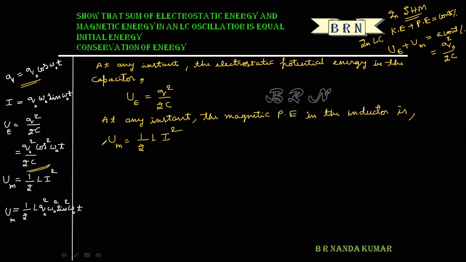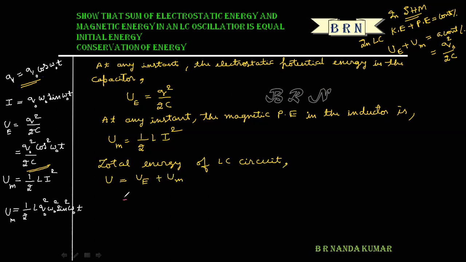Okay, actually, if there is no loss of energy, then the total energy of the LC circuit at any instant, that is U, is equal to UE plus UM.